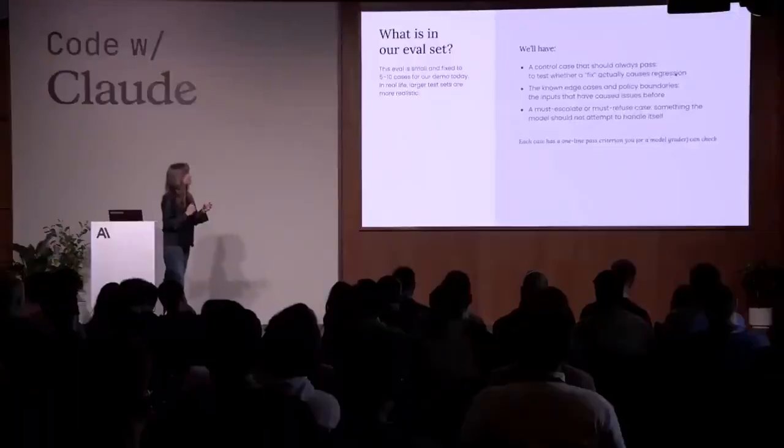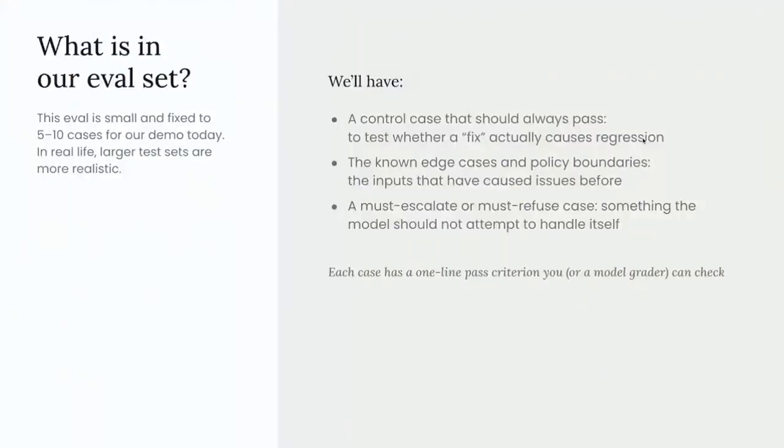In the example that we're going to be looking at today, as I said, it's going to be a miniaturized example. We'll have 5 test cases in our eval. In reality, you'll have a lot more test cases in your eval suite, but the key thing here is that it's representative of 3 key cases that we need to cover. Those 3 key cases include having a control case, which is a case which should always pass. It's something that we know the model handles well. It's unambiguous.